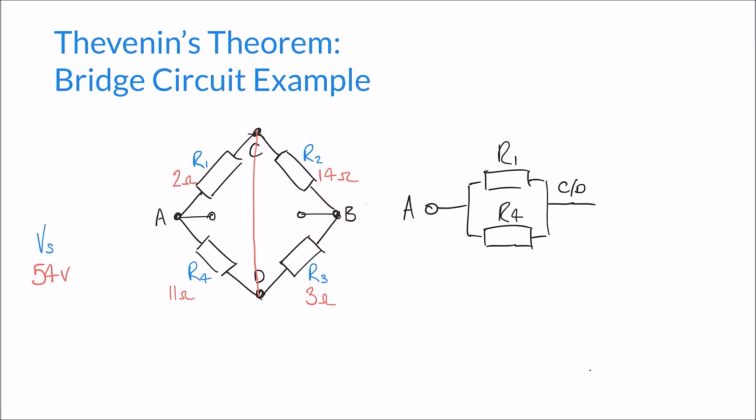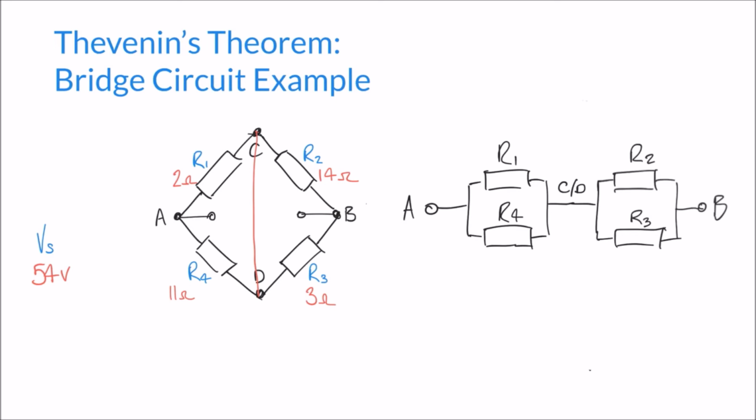This takes us to point B. And so the fact that we can split, we can either go through R2 or we can go through R3, means that we have another parallel arrangement of resistors. So we can draw those as well. So here's our two resistors in parallel, and they are R2 and R3. They meet together at point B, which is our second terminal.